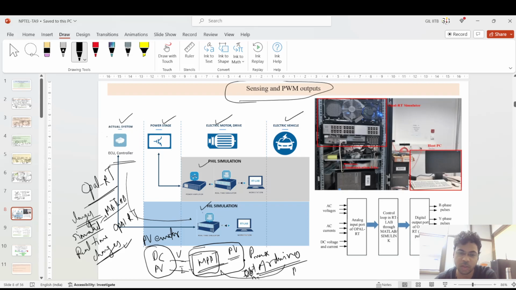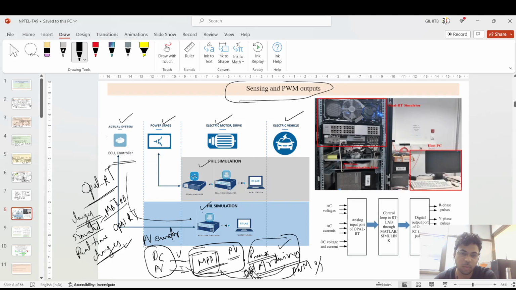From the Arduino I get the digital output, because it is a PWM signal of 0 and 1, on and off when the switch is happening, and I feed it again to this PV emulator. Based upon that characteristic, I get this P max.